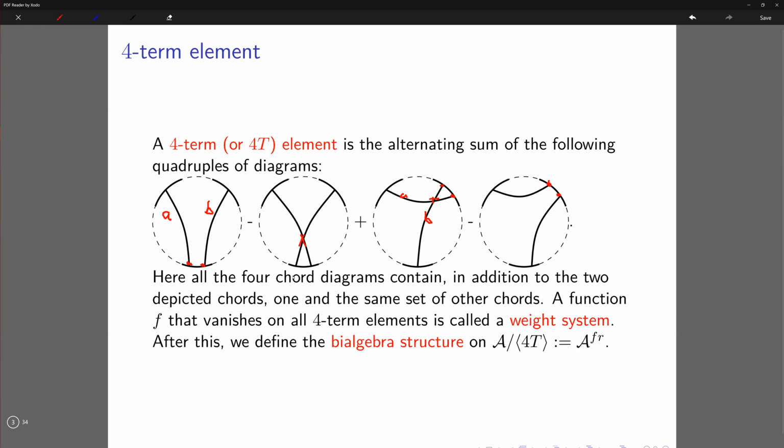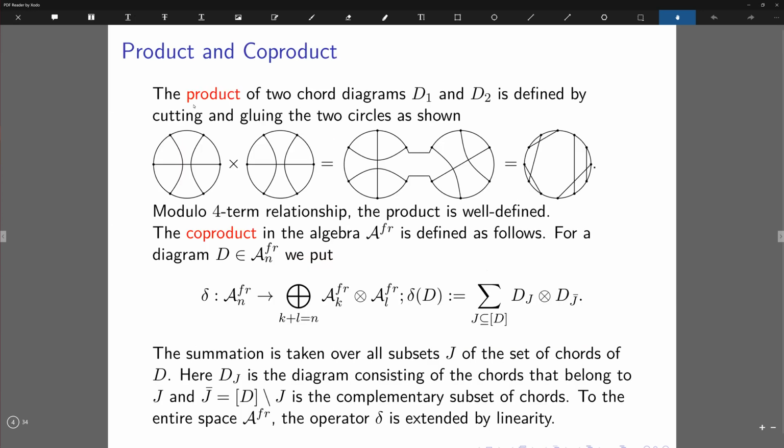After this, I will define the bialgebra structure on the chord diagrams modulo the Fulton relationship. First is the product of 2 chord diagrams. You just choose a place to cut the circle, and you glue the cuts to each other.